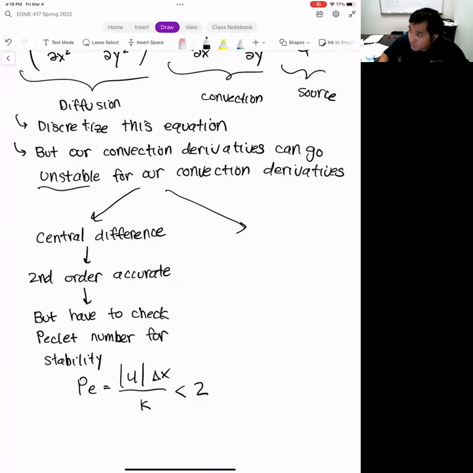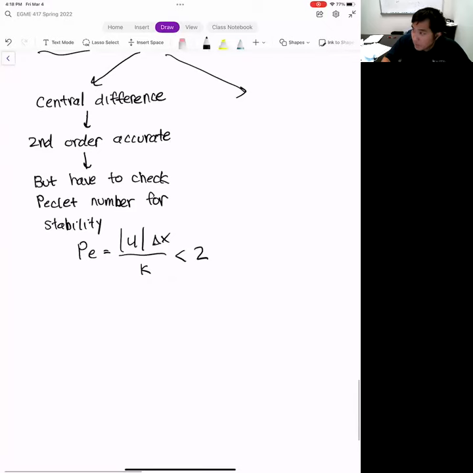And so if you do have a stable solution, if your Peclet number is less than 2, then I would say go ahead and use central difference, okay? But you need to check it, right? You need to check whether your solution here is going to be stable under these conditions and under that following grid spacing, okay?